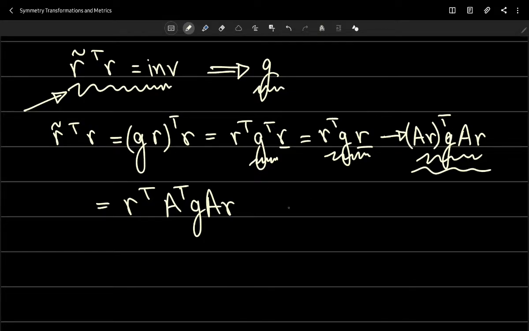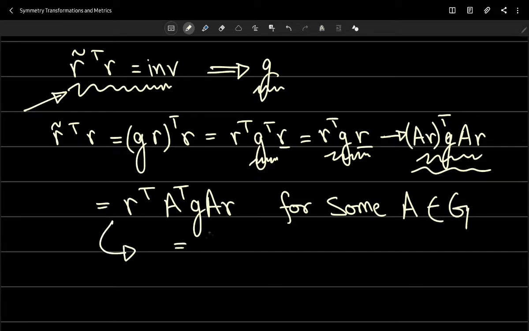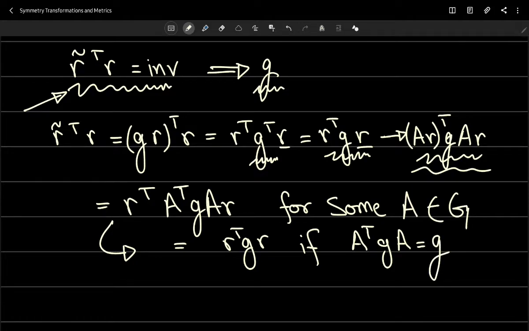And this is for some A, that is the transformation matrix that belongs to a group G, right? And this thing can only be equal to R transpose G R if we have A transpose G A being equal to G, right? So this is the condition that we require.